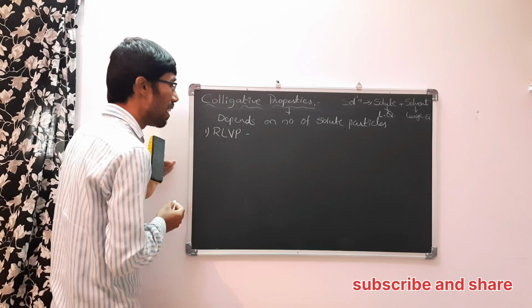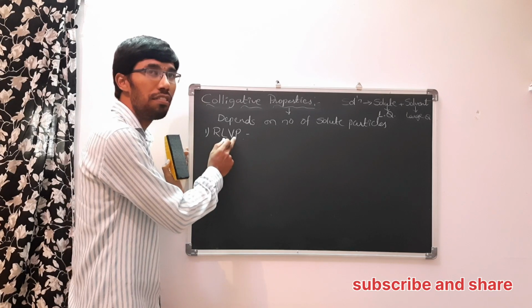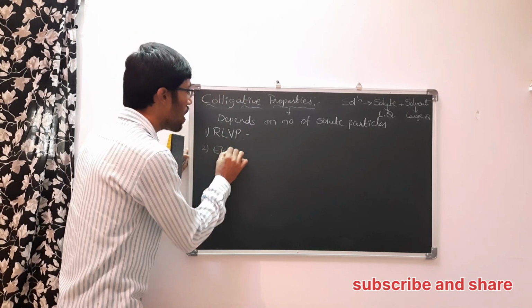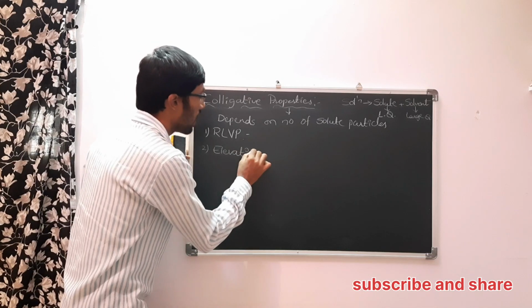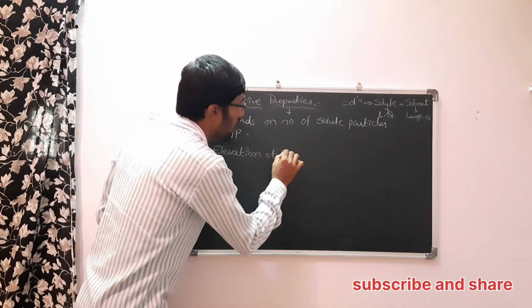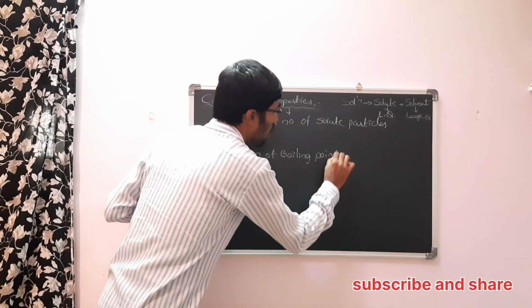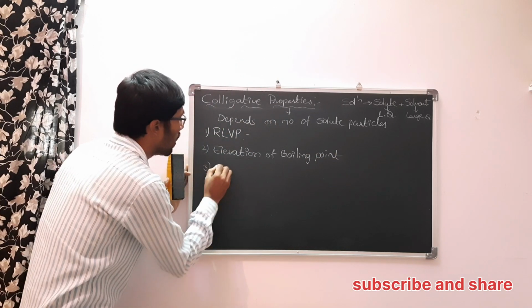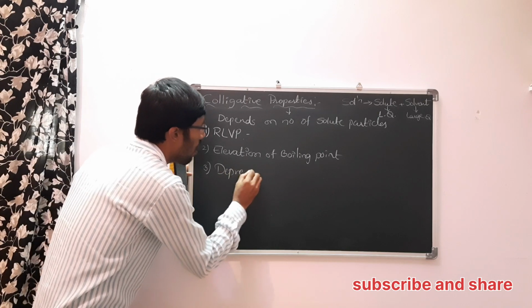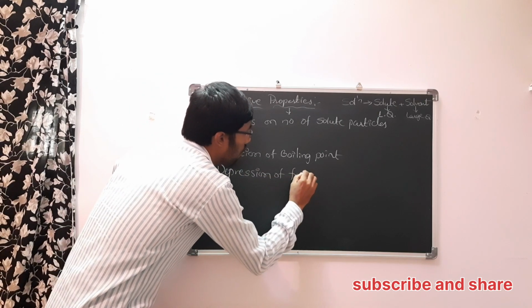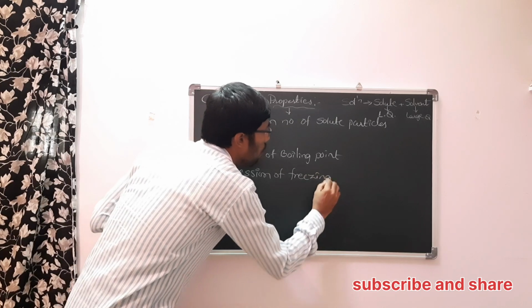So here they are: one is relative lowering of vapor pressure. It is represented as RLVP. The second one is elevation of boiling point. The third one is depression of freezing point.